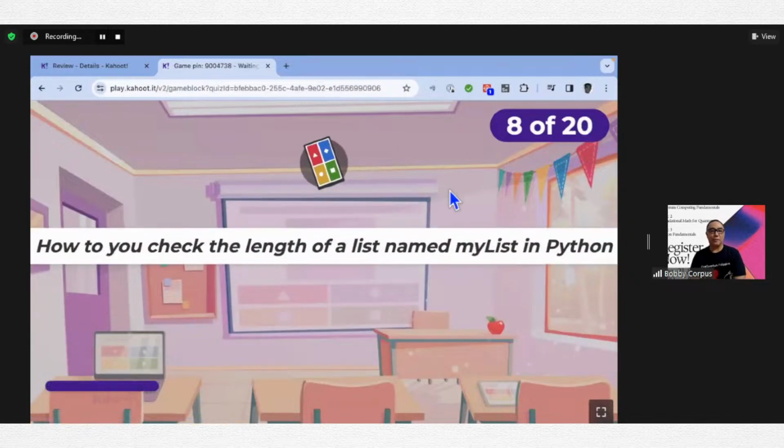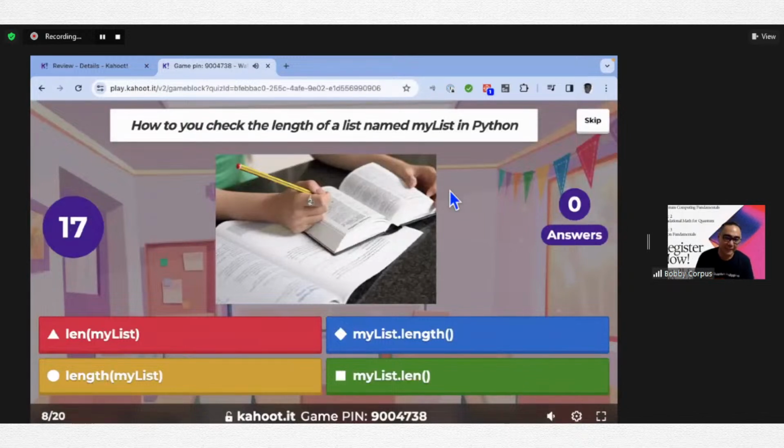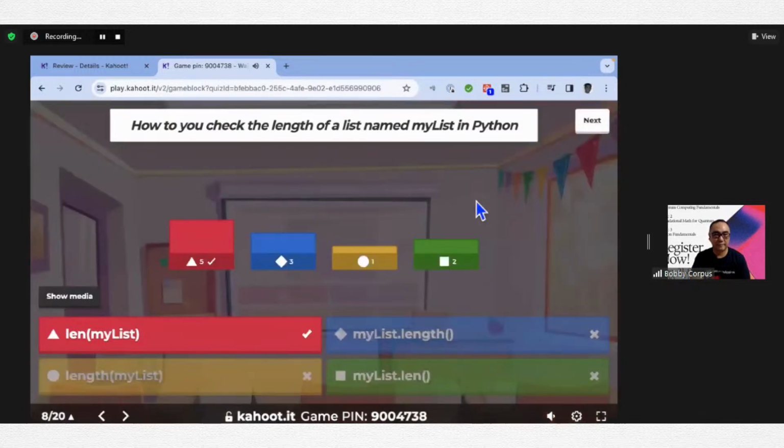Okay, tingnan natin to. How do you check the length of a list? Ako, nasabi ko ba yan? Okay, so it's length of list.